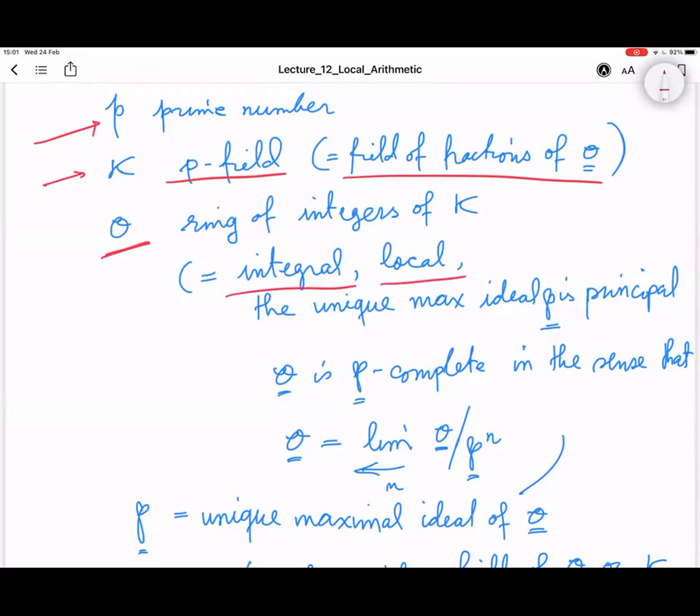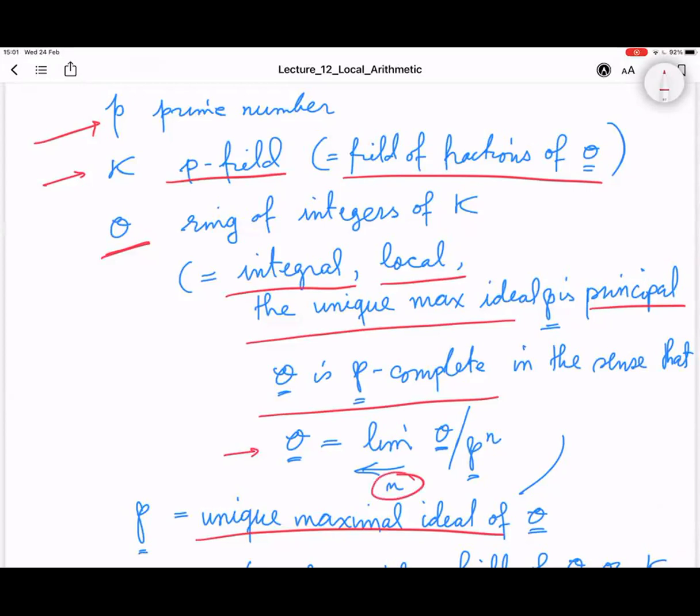Local means that it has a unique maximal ideal. And this unique maximal ideal is actually principal. And finally, this ring O is complete for this maximal ideal P. Complete in the sense that it is the inverse limit of O modulo P to the n over all n.